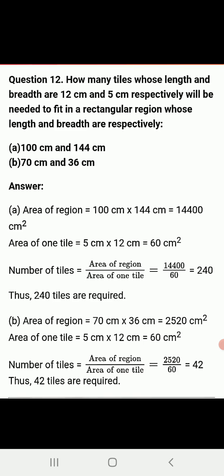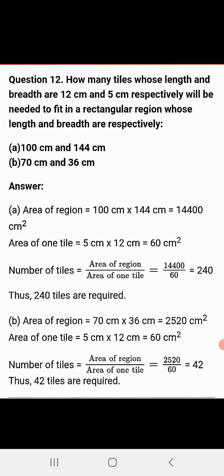Now, what will be the area of one tile? 12 fives are 60 centimeters square. So, number of tiles required will be equal to area of the region by area of the tile. Total area is 14,400, divided by the area of one tile. On dividing, we get 240 tiles. So, we need 240 tiles to cover that area.